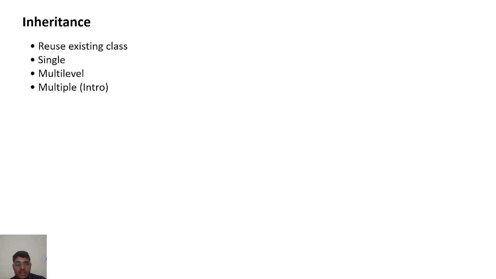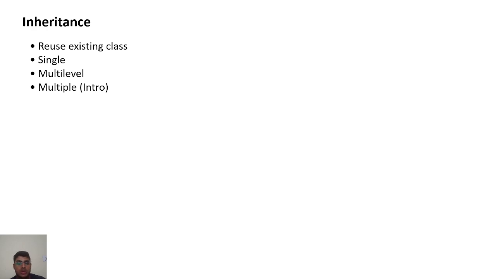Why do we use inheritance? We use inheritance to reuse existing code, reduce code duplication, make programs easier to maintain, and create relationships between classes. Some key points.